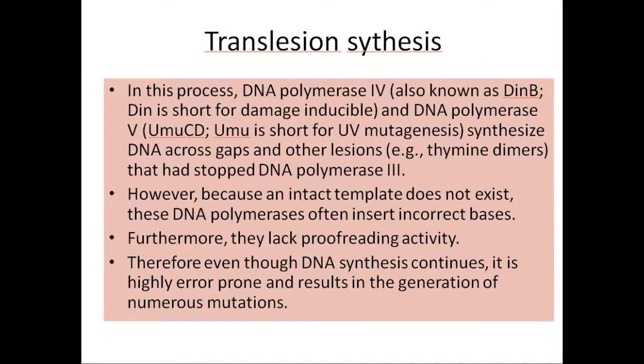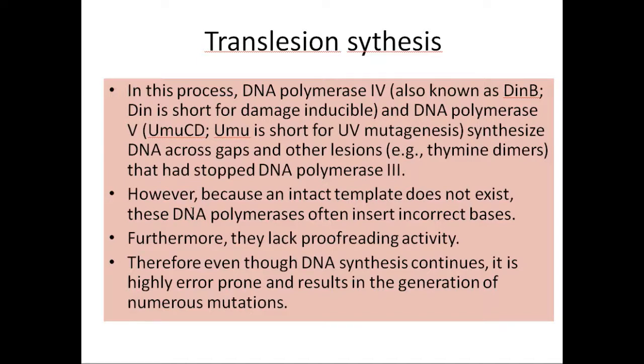In translesion synthesis, DNA polymerase 4, also known as DinB, and DNA polymerase 5, UmuC, are synthesized. They synthesize DNA across the gaps and other lesions that have stopped DNA polymerase 3.